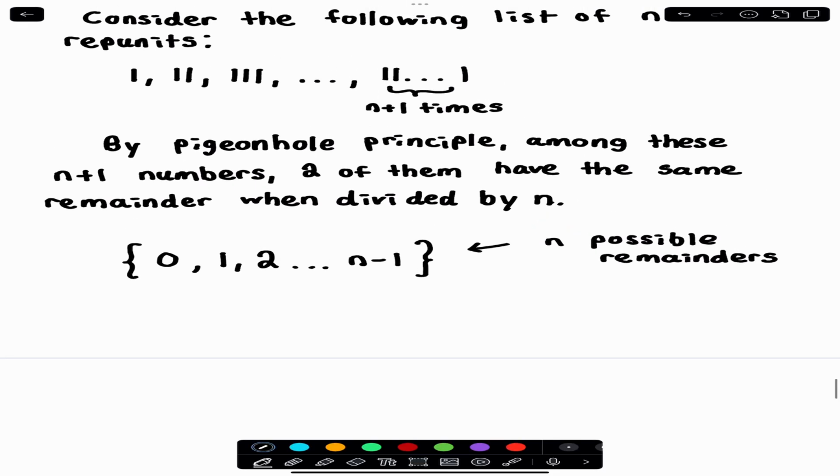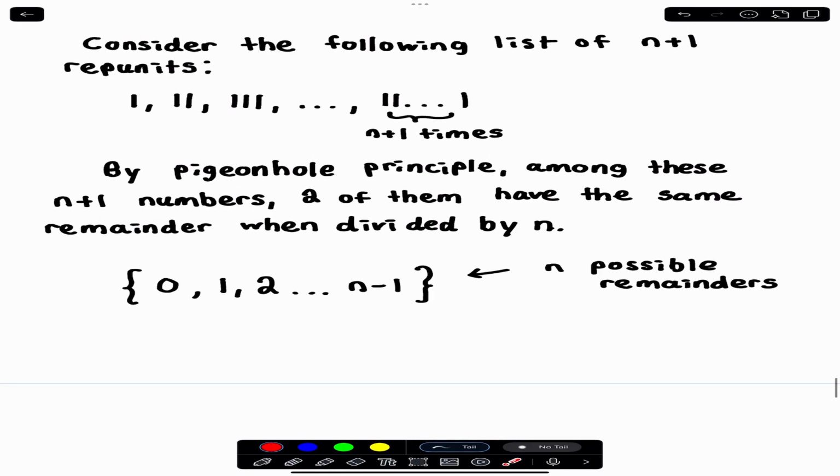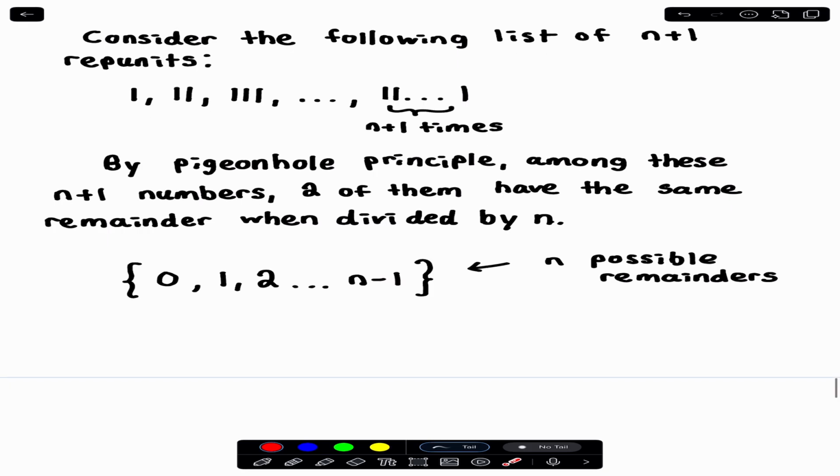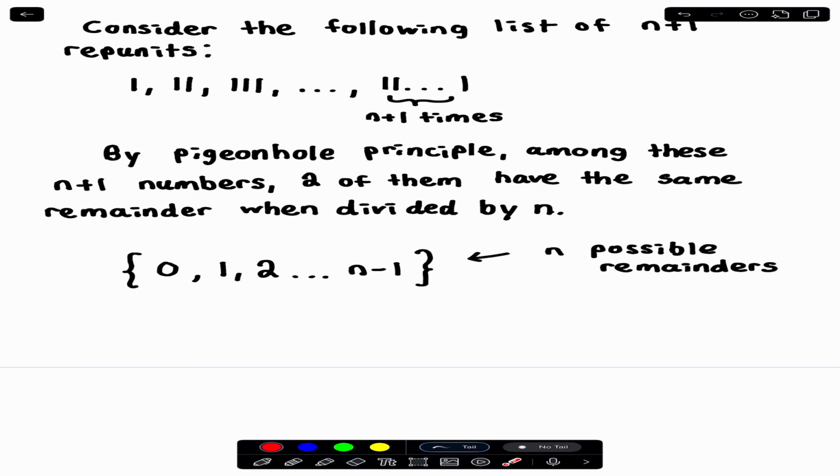So if we have n possible remainders, but n plus 1 numbers in this list, that means 2 of them have the same remainder when they are divided by n. Because we have n plus 1 numbers, but only n possible remainders.